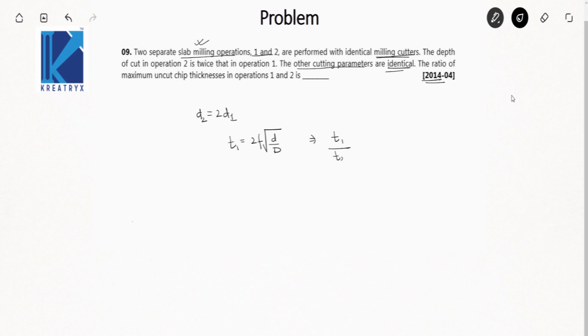So t1 by t2, since all the other parameters are constant, is a relation of d1 by d2. Putting the value of d1 by d2 in this equation, we see that t1 by t2 is equal to under root of 1 by 2, which is root 2 by 2, which equals 0.707. So the right answer to this question is 0.707.